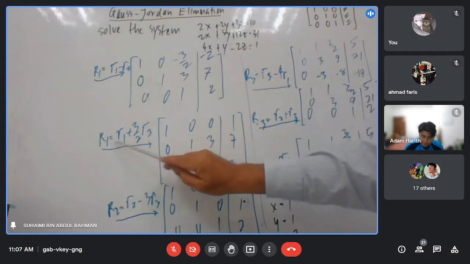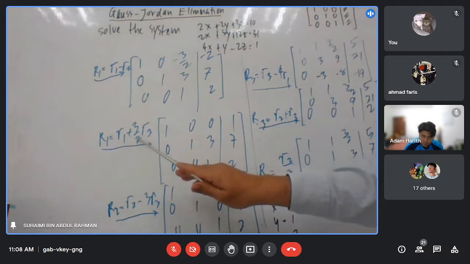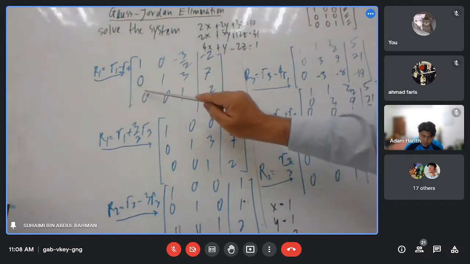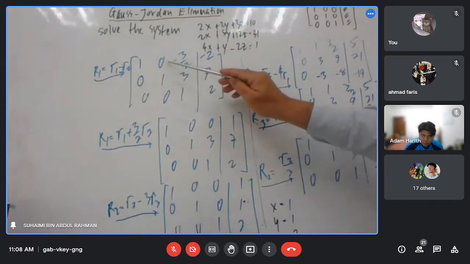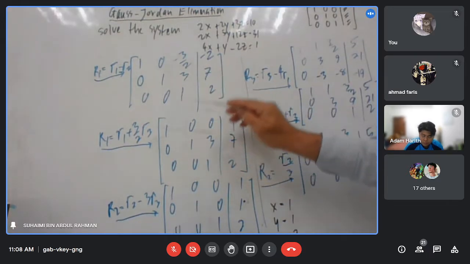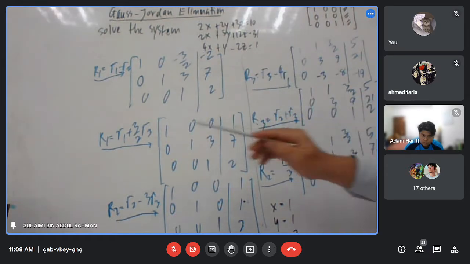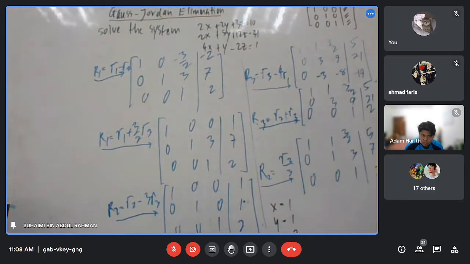Row number 1, we need to change to be 0 here, is row number 1 plus 3 over 2 row number 3. 1 plus 3 over 2 times 0, which is 1. 0 plus 0, which is 0. Minus 3 over 2 plus 3 over 2 times 1, which is 0.